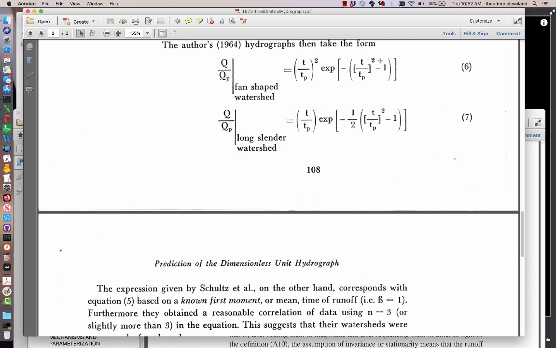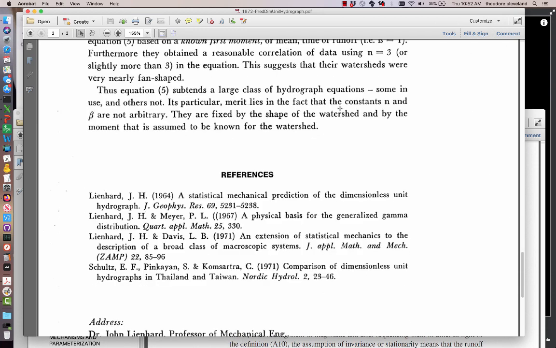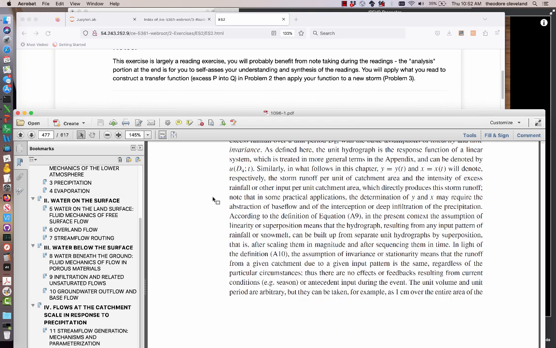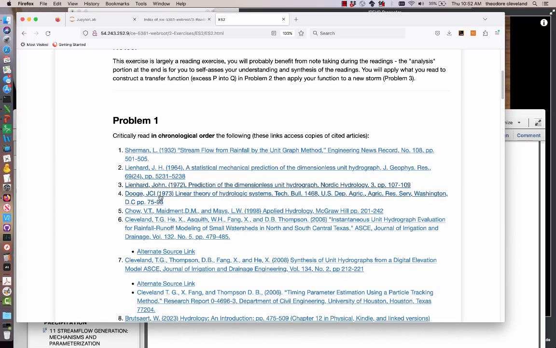The decay term also changes the exponent on the time ratio. So it's not quite as simple as implied here in this 1972 paper, but this was a major step forward in watershed hydrology, ignored by your current author, I might add. You'll get to that later.